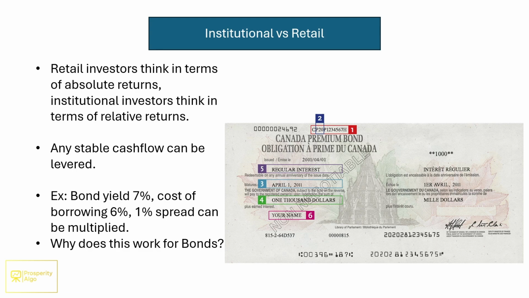And here, if you have a 7% yield on your bond, and you could borrow money at a 6% borrowing cost, effectively that 1% spread could be levered as much as humanly possible. So this happens sometimes in more of an institutional context where they have low borrowing costs and they're able to take on a bit more risk to get a higher bond yield.